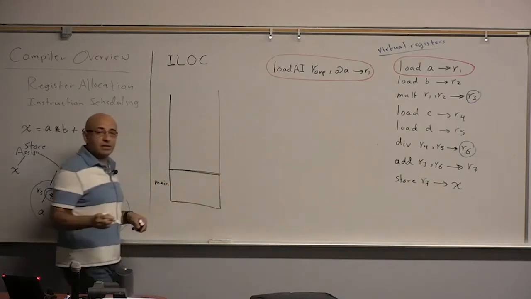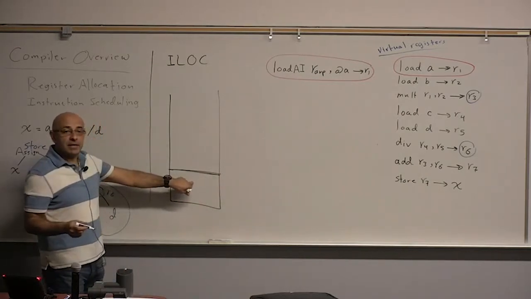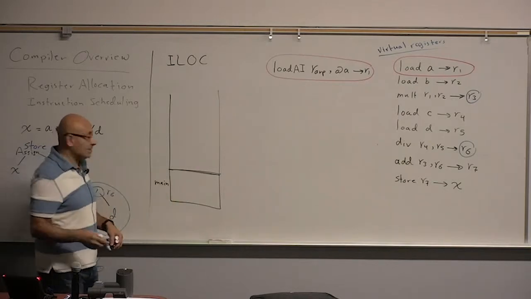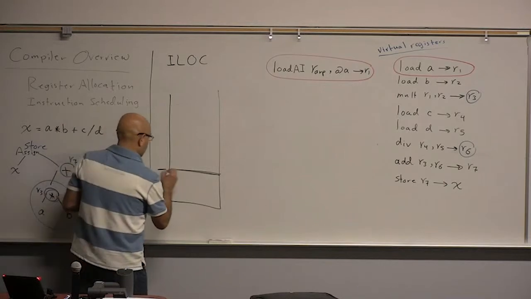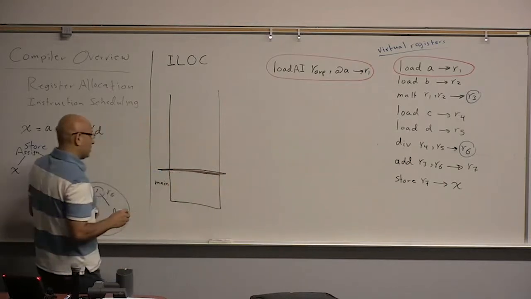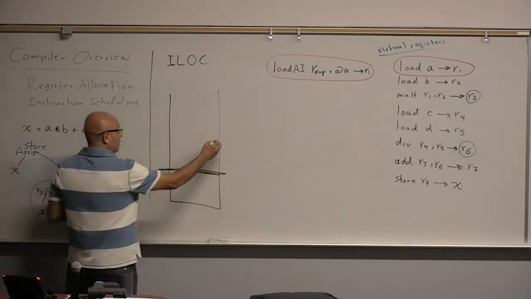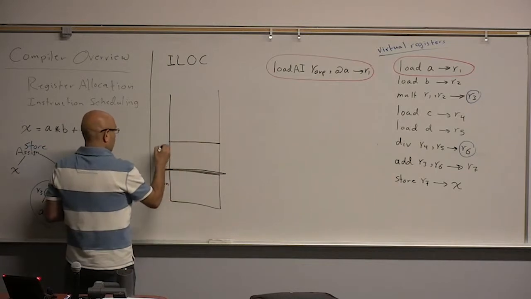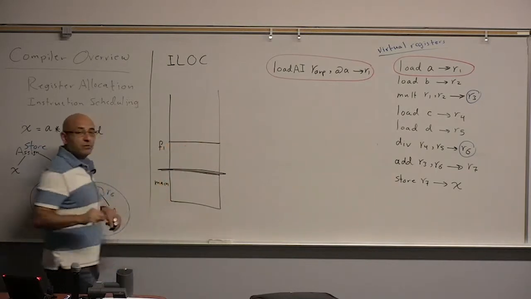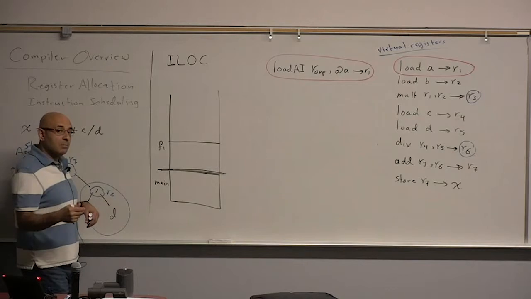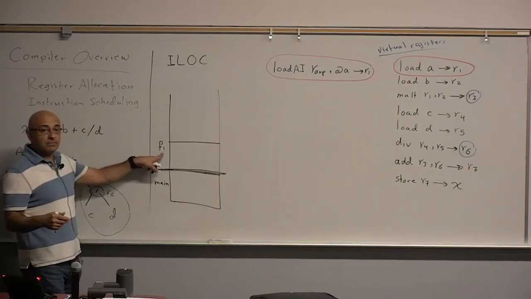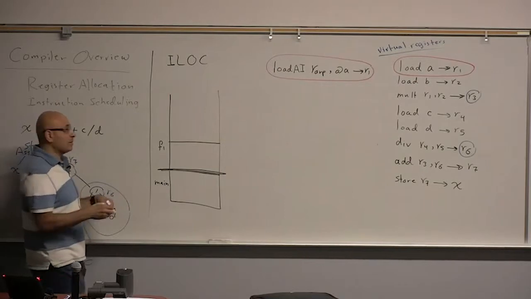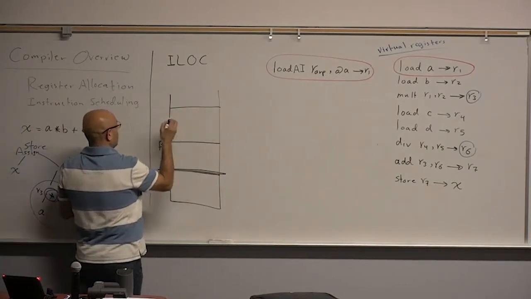This activation record has the local variables, the parameters, the return value and the return address for every function. This is what we mean by the activation record. When main calls function 1, the activation record for function 1 will get pushed on the stack. When function 1 calls function 2, the activation record for function 2 will get pushed on the stack.